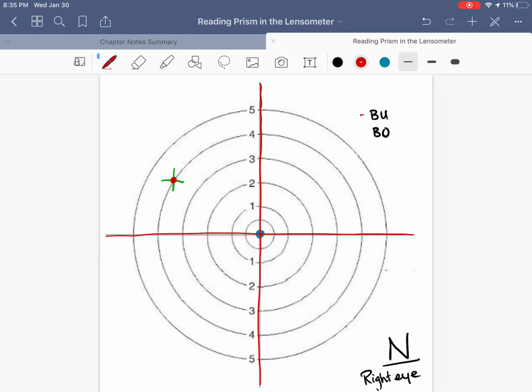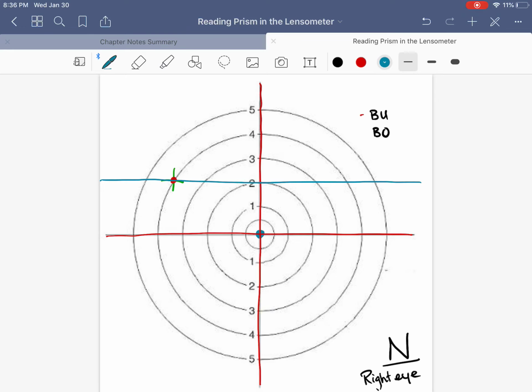Since we've got base up marked over here, let's use that one first. So what we need to do is figure out how much we went up from that line. So we can go and draw a line parallel to that.